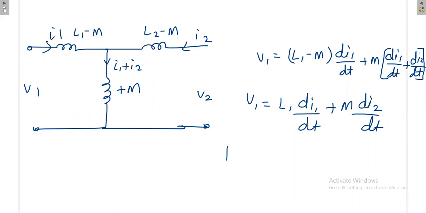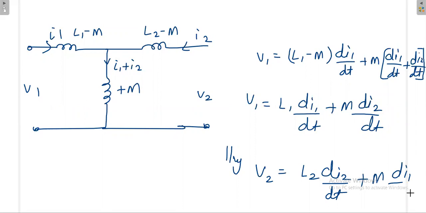Similarly, you can write KVL at the secondary side. Again you will get V2 is equal to L2 di2 divided by dt plus M di1 divided by dt, the differentiation of I1 with respect to t. Similarly you can extend this for mutually opposing also.